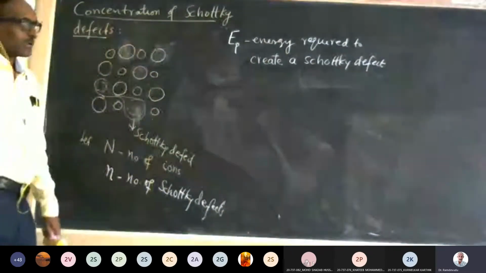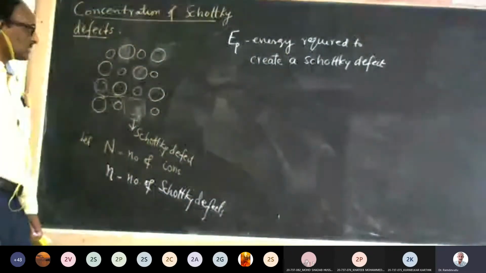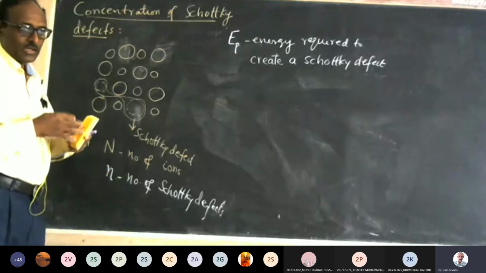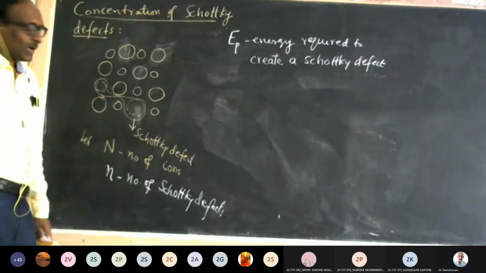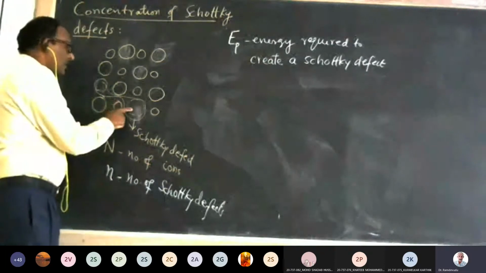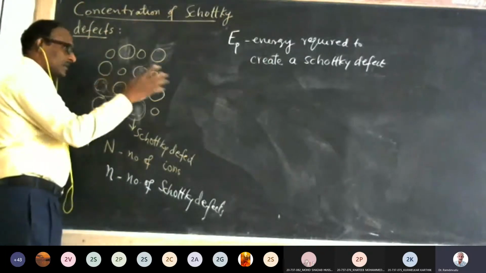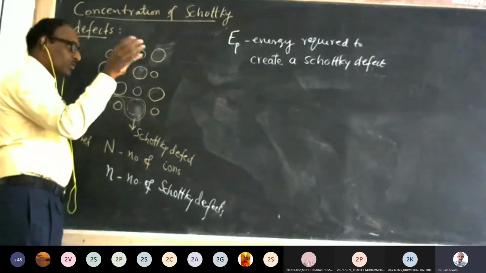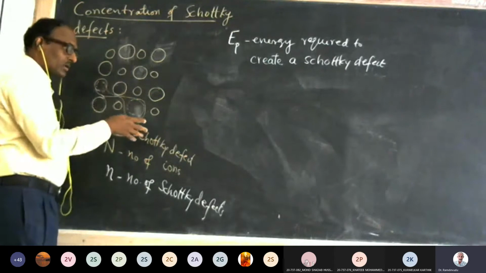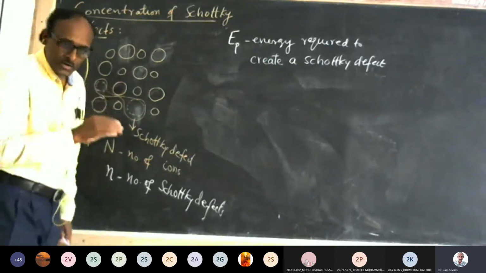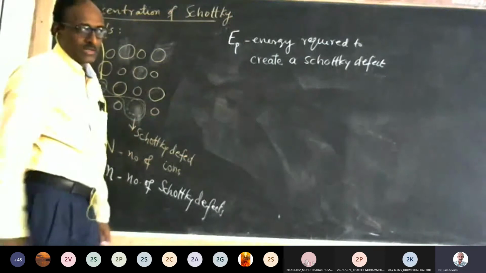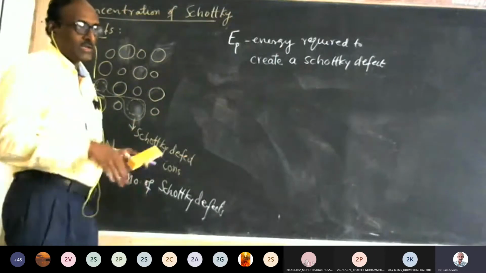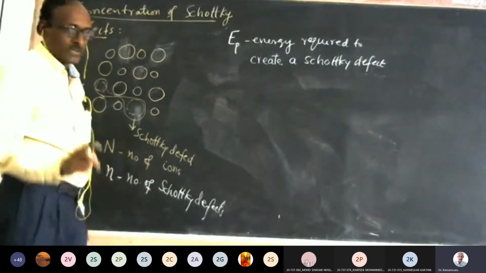That supplied energy is taken by the crystal, hence its internal energy is increasing. And one anion and cation are missing. So to remove anions and cations, you supply energy. That supplied energy increases the internal energy.